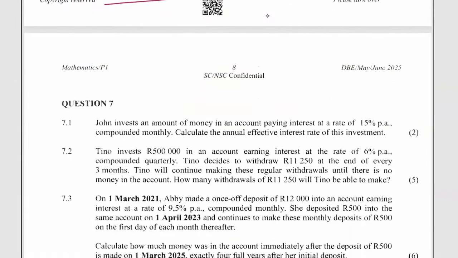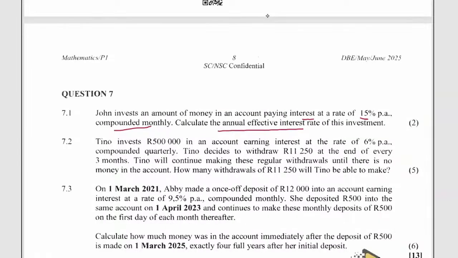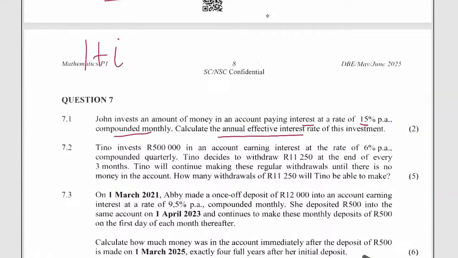Then question number 7, finance. Telling us that Mr. John invests an amount of money in an account that pays interest at a rate of 15% per annum compounded monthly. Calculate the effective rate. It's been a while since they asked this question. So we shall say 1 plus i effective is equivalent to (1 plus i nominal over m) to the exponent of n.